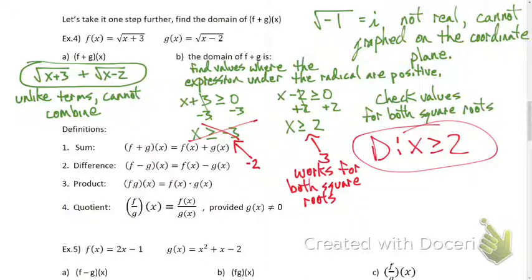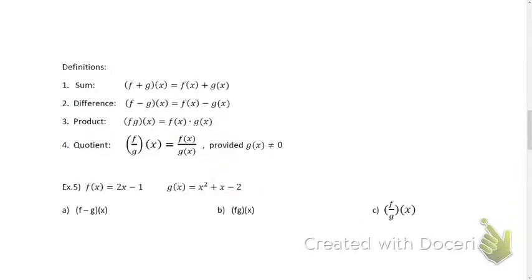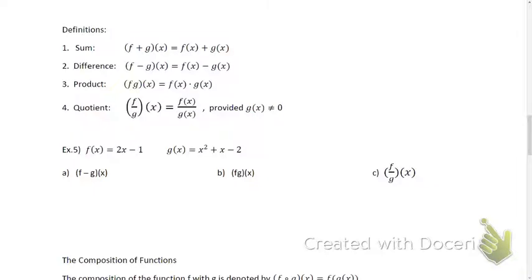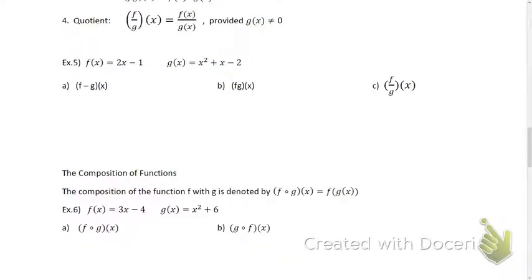We'll practice that down the road. The other thing that they're going to ask is for the difference, the product, and the quotient. So you do exactly what the word describes: subtract, multiply, and divide. So when you subtract, please use parentheses.